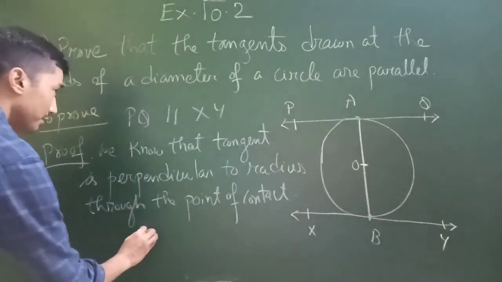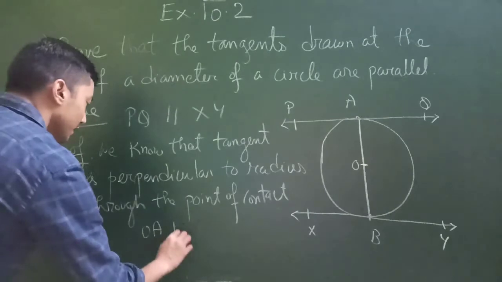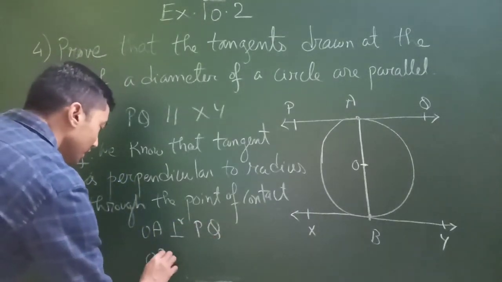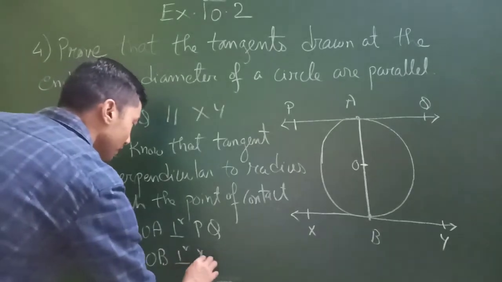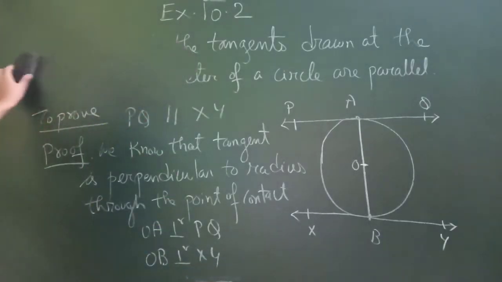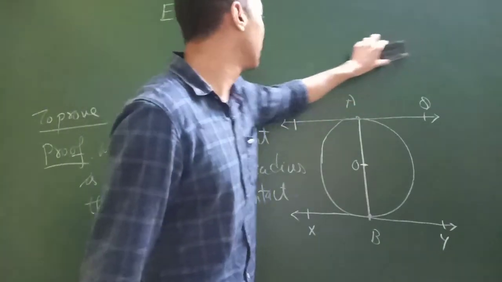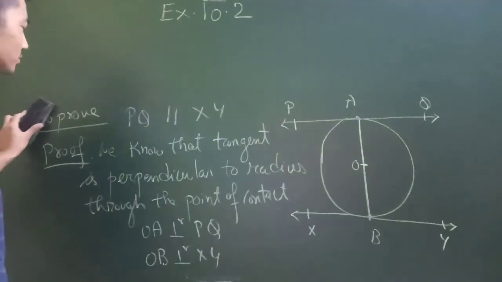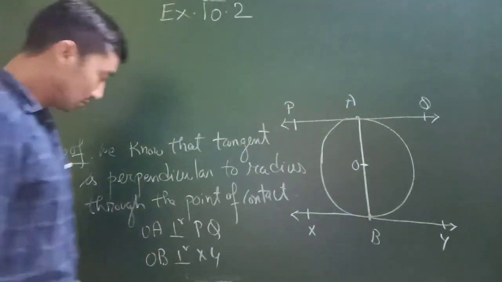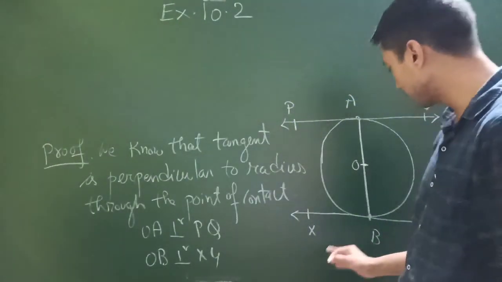So in that case, OA is perpendicular to PQ, and OB is perpendicular to XY, isn't it? I'm going to rub off the question now, we do not need it anymore. So OA is perpendicular to PQ, OB is perpendicular to XY.